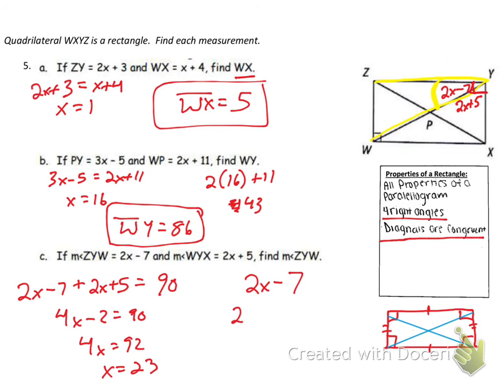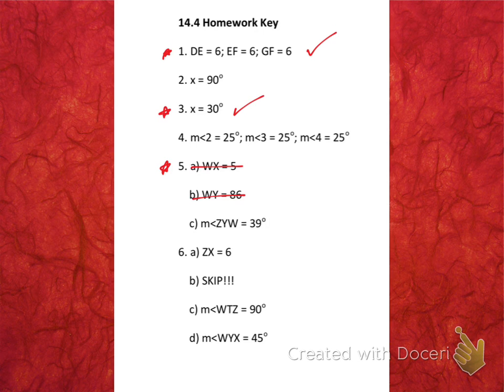So then I would do 2 times 23 minus 7, which is 2 times 23 is equal to 46, minus 7 would be 39. So angle ZYW is going to equal 39 degrees. And we're good to go on this one.